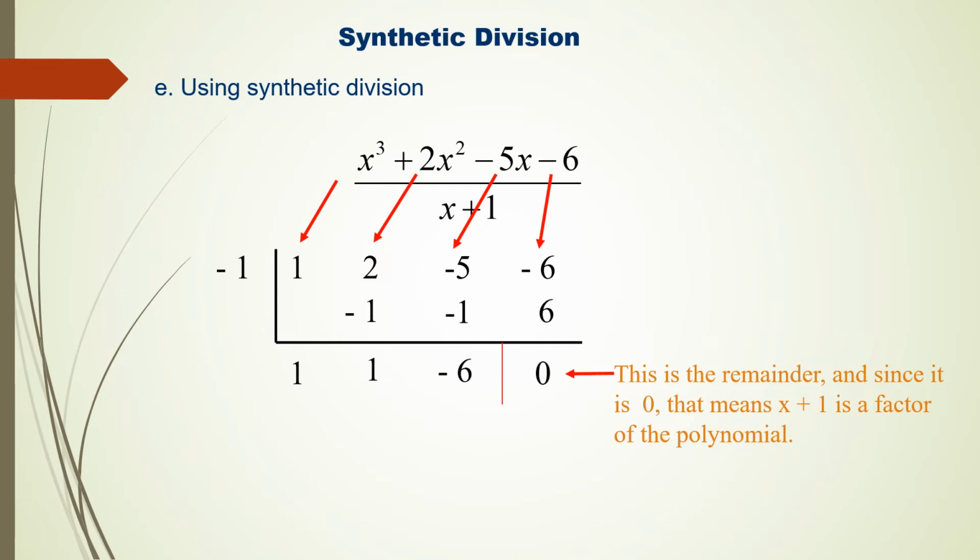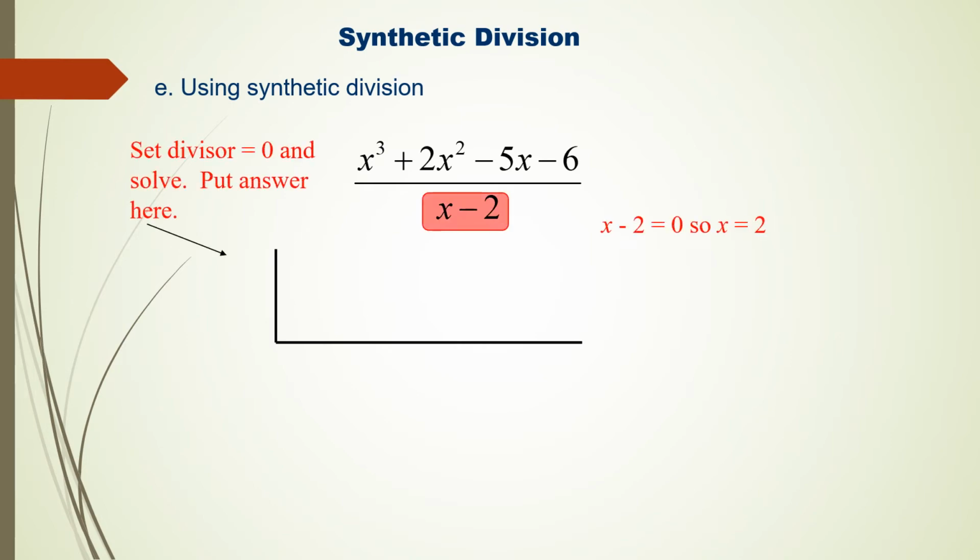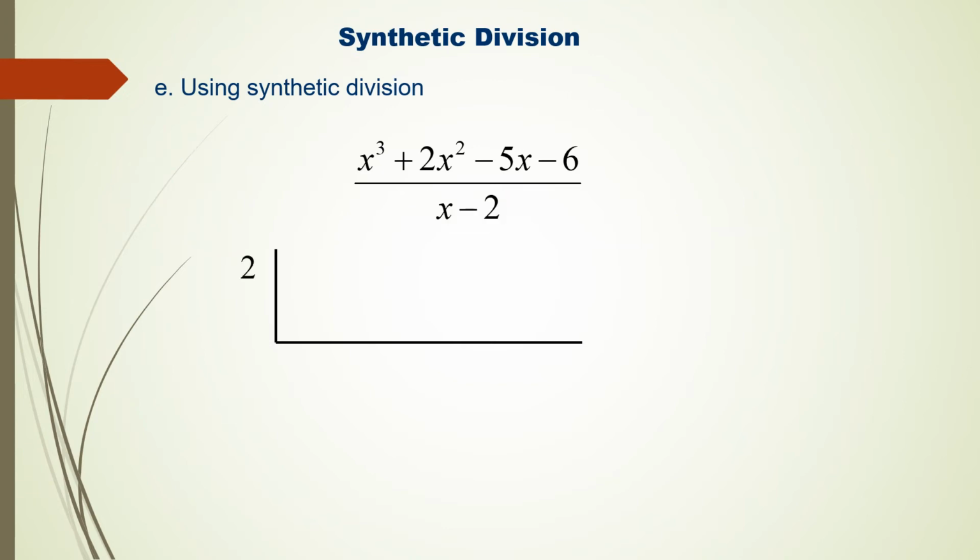So we need to look for 2 more. Let us try x minus 2. If x minus 2 equals 0, x is equal to 2. So this time, the divisor is 2. Just the same, bring down the coefficients, 1, 2, negative 5, negative 6.